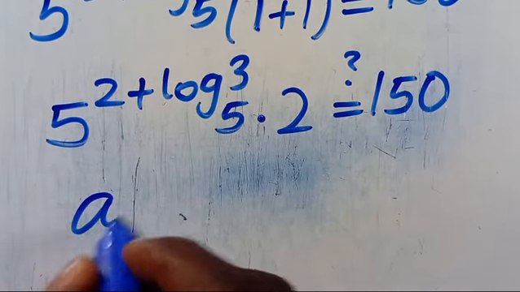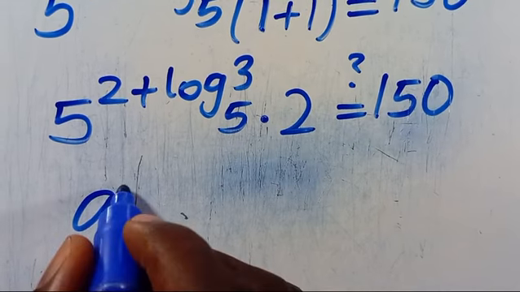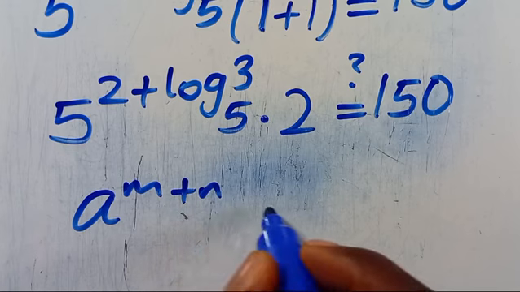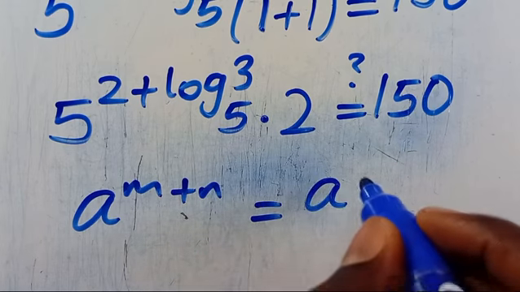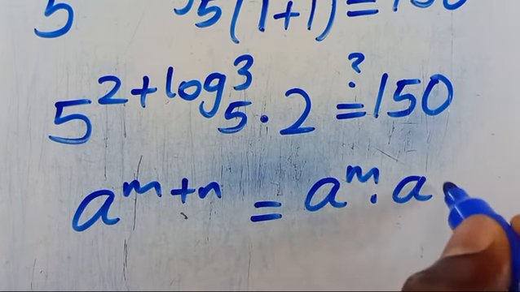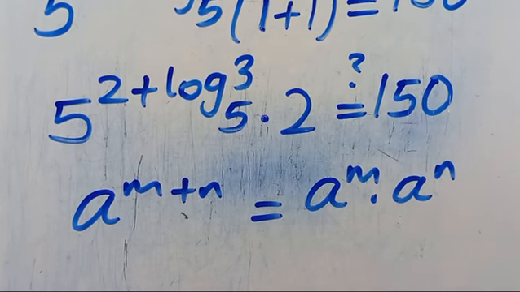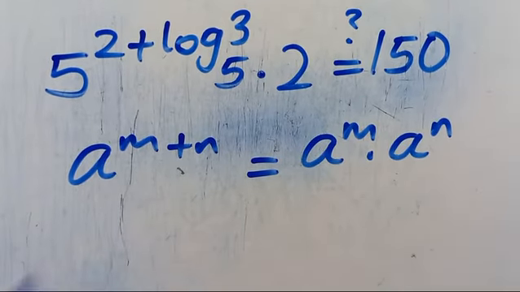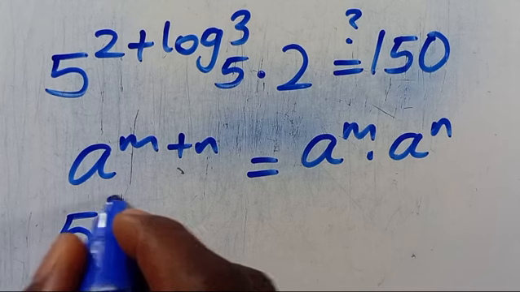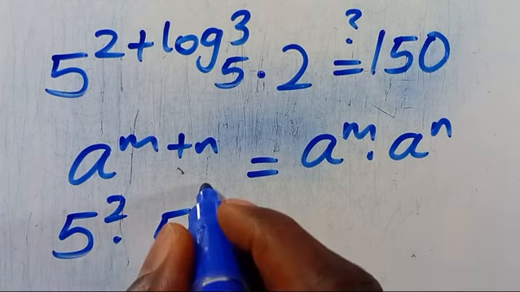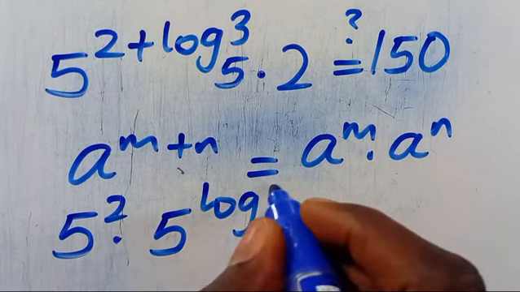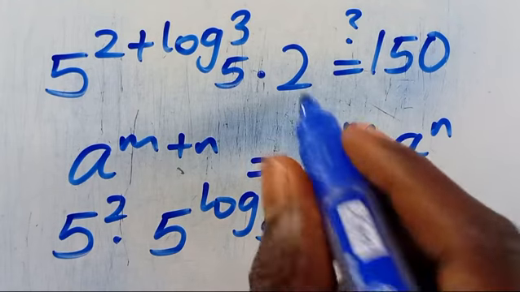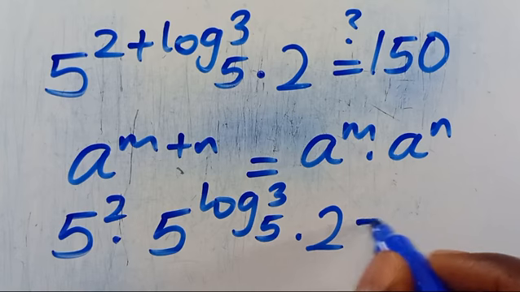Recall that anytime you have a to the power of m plus n, it equals a to the power of m multiplied by a to the power of n. So when you apply it here, we are going to have 5 to the power of 2 multiplied by 5 to the power of log 3 in base 5, then multiplied by 2.